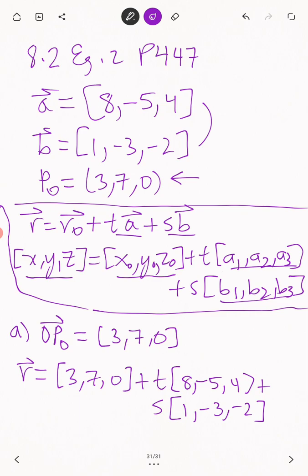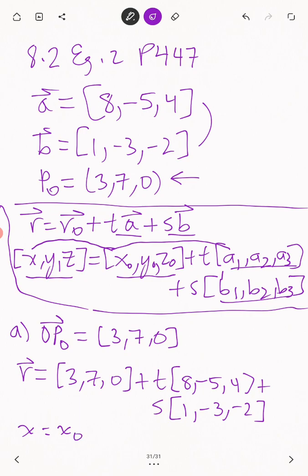Now to turn this into parametric equations, we just need to equate all the first components in each of these terms to get the parametric equation for x, and likewise for y and z.